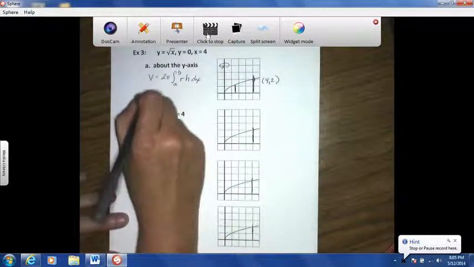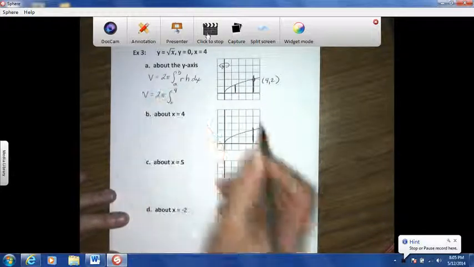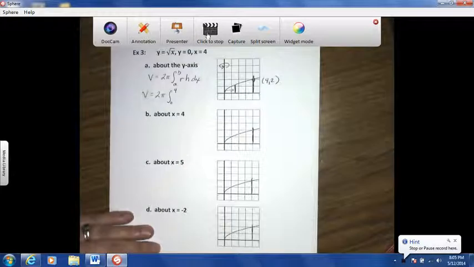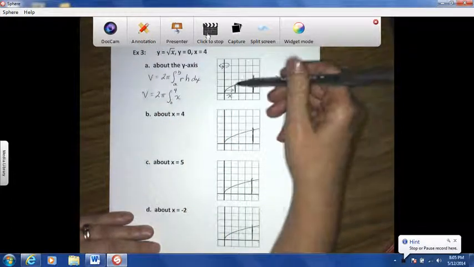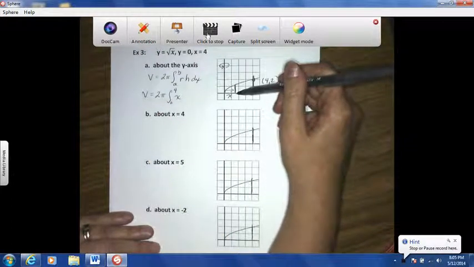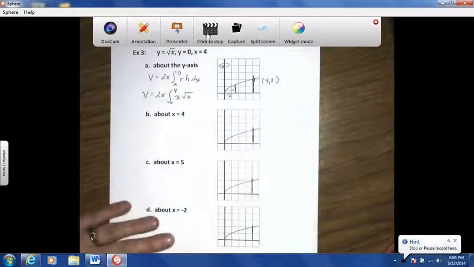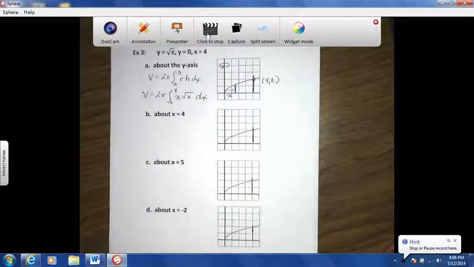So the volume will be 2 pi times the integral from 0 to 4. The radius, the distance from the axis of rotation to the rectangle, is going to be x, and the height of the rectangle is the top minus bottom. Now the top is going to be the square root of x, and the bottom is just 0. So that's how we would set this up to revolve this around the y-axis.